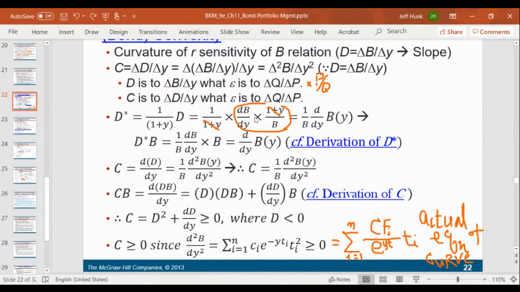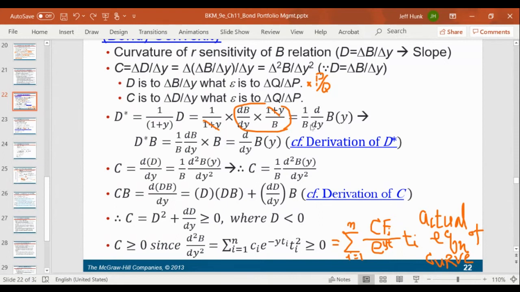And then because this 1 plus y and this 1 plus y cancel out, it becomes eventually 1 over B, and d over dy is basically the first derivative of bond price with respect to interest rate y, or yield, right? And bond price is a function of yield.